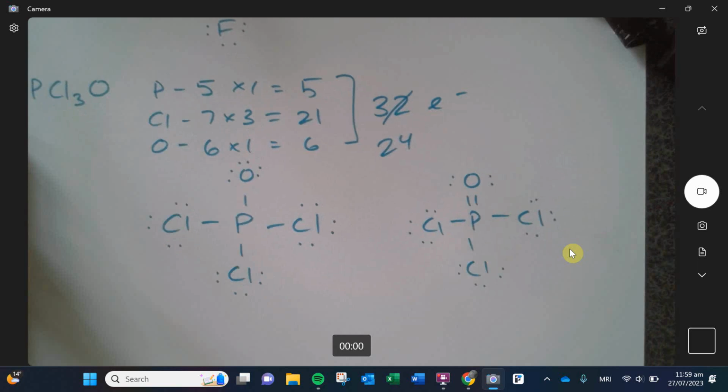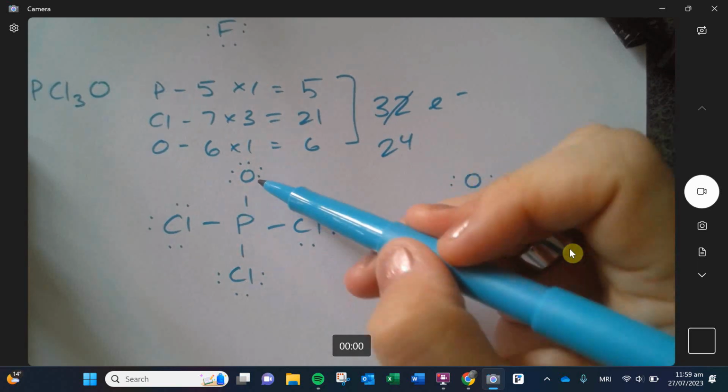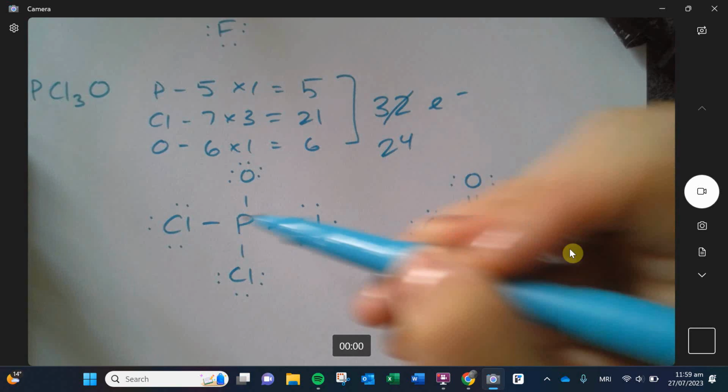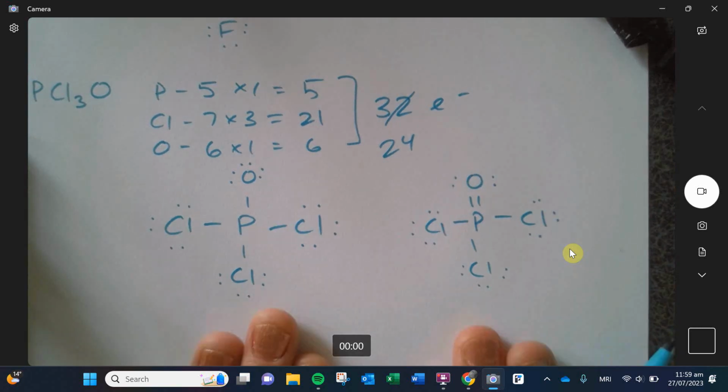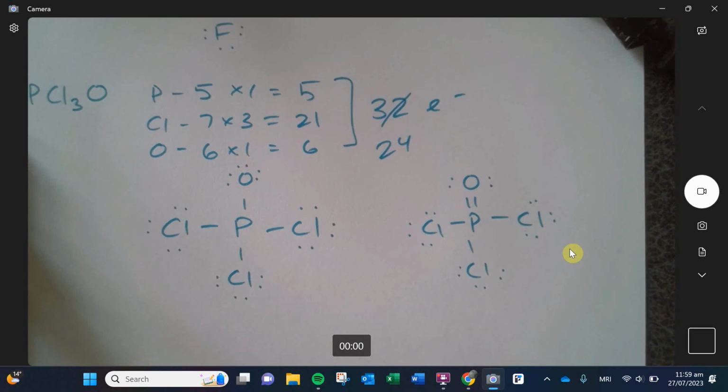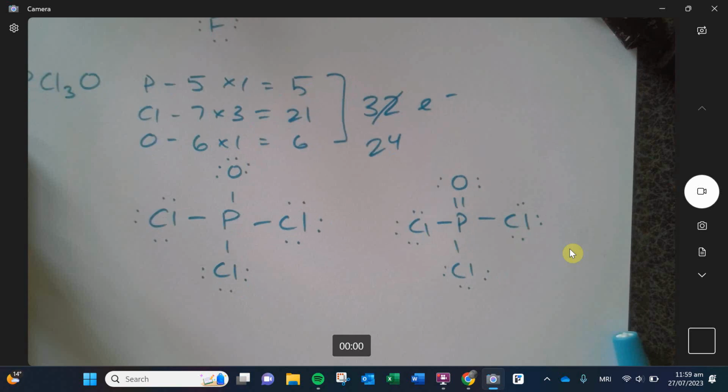That is a common variation of the Lewis structure, and it still does work. What has happened is one of these lone pairs of electrons has gone in to make a double bond with the phosphorus. Both of these are going to be marked as correct answers, though. So don't fret. I just wanted to show you in case things do pop up when you're Googling and you're like, why is that answer different from my answer? In some cases, it's just a matter of they're moving some electrons around. Are you okay? All right.